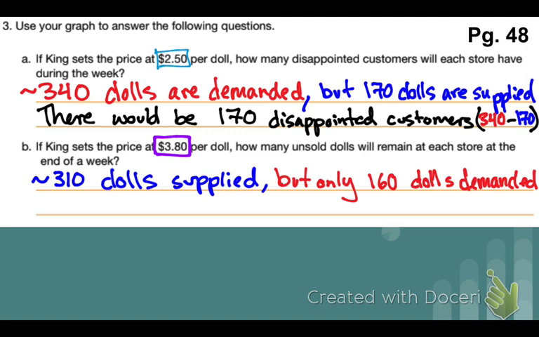So how many unsold dolls will remain at each store at the end of a week if our price is $3.80? How would we figure that out? What's that, Billy? 150? How do we get 150? Yeah, we subtract 160 from 310.